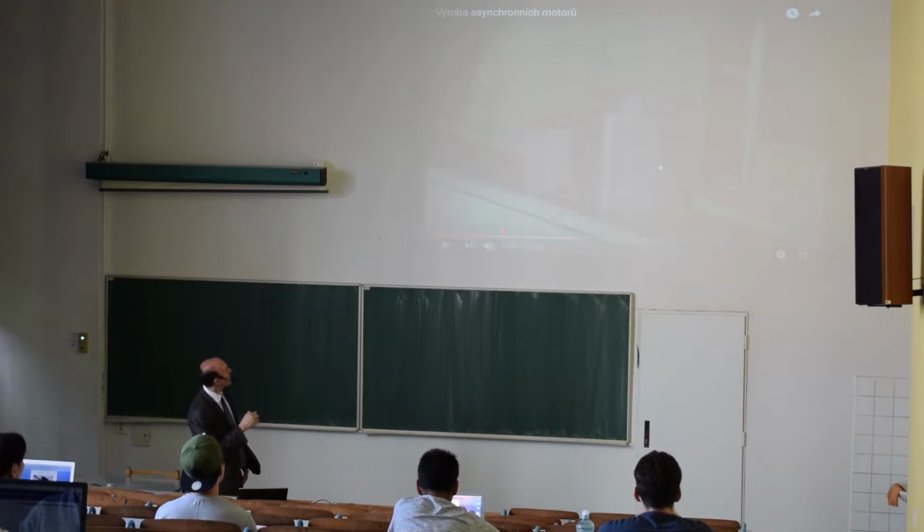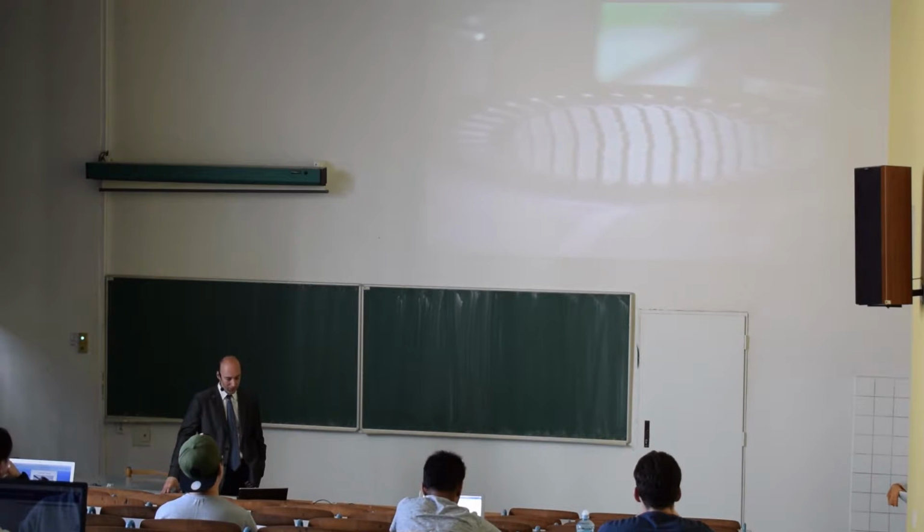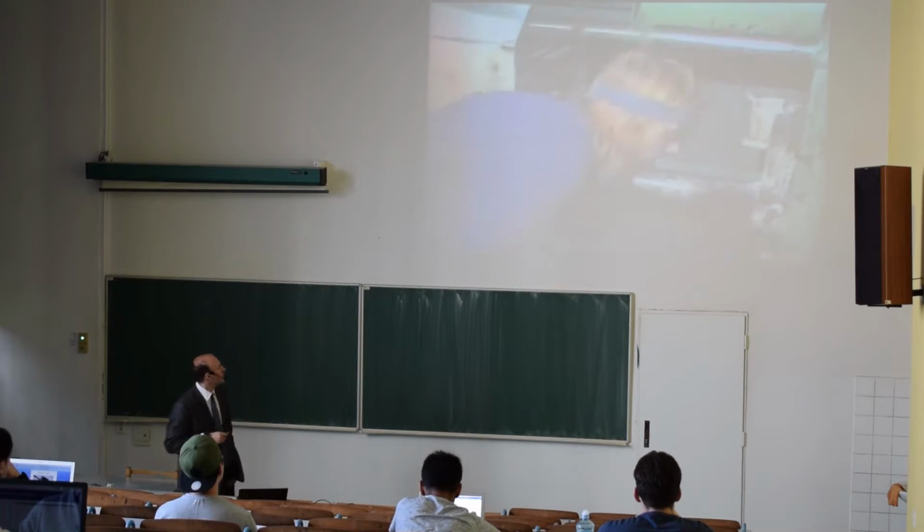So this is the packet of the rotor, and this is the stator. So it's one operation at a time. They press it at the same time, and they stack it into the correct height that is required. So this is rotor, and the previous was stator.